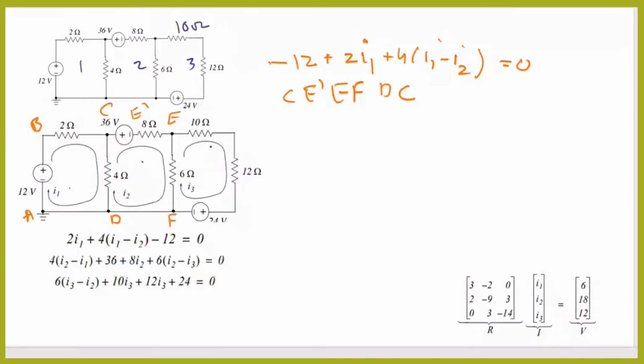From C to E dash, we have 36 volts. From E dash to E, we have 8 into I2, plus 6 into (I2 minus I3), plus 4 into (I2 minus I1).